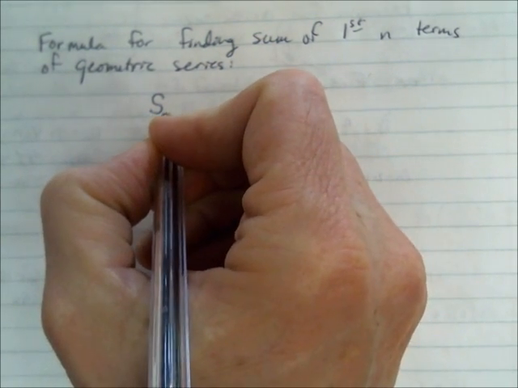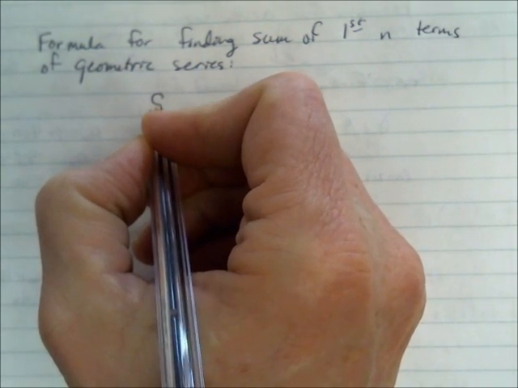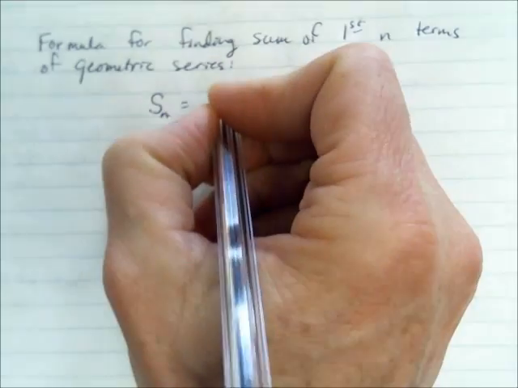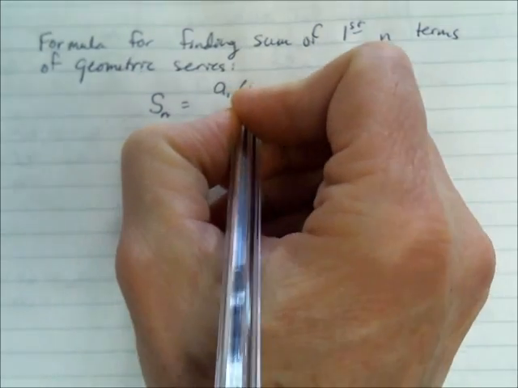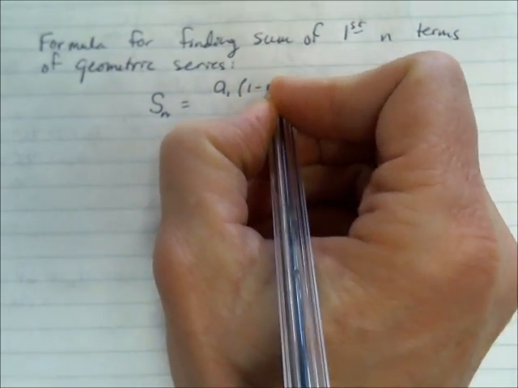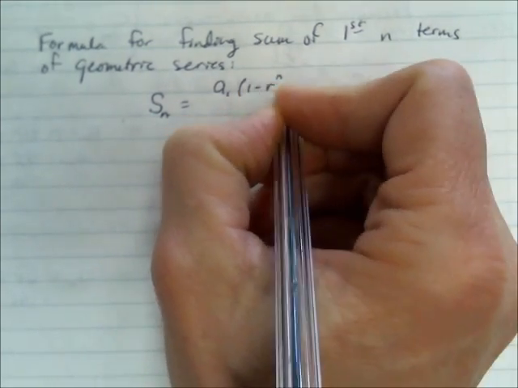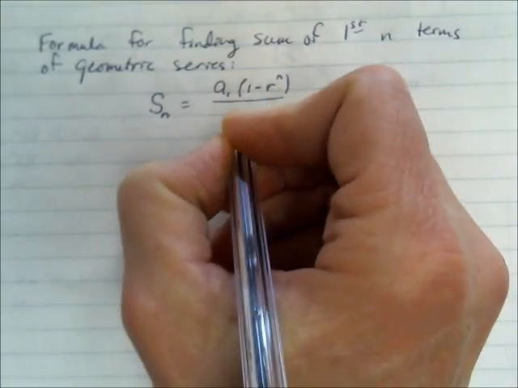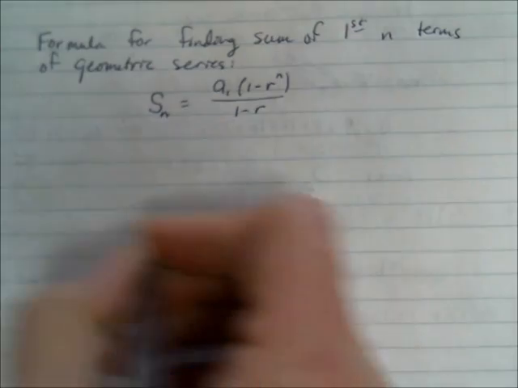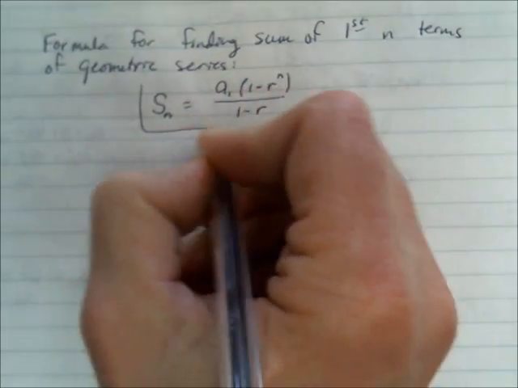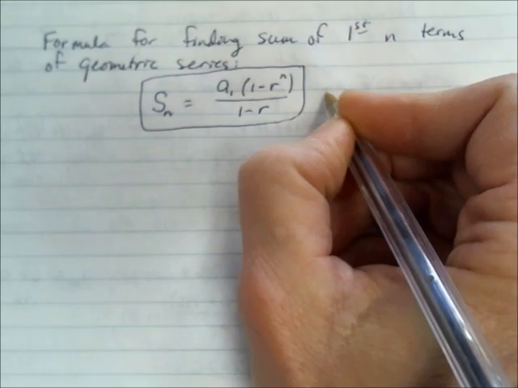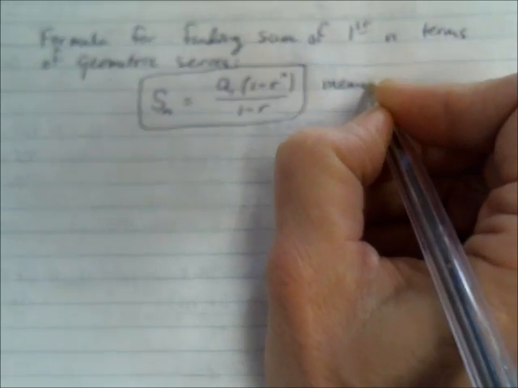So the first n terms is called Sn, and that's equal to the first term times 1 minus the common ratio raised up to the nth power divided by 1 minus r. So you need to memorize this.